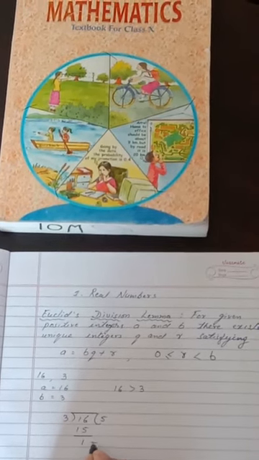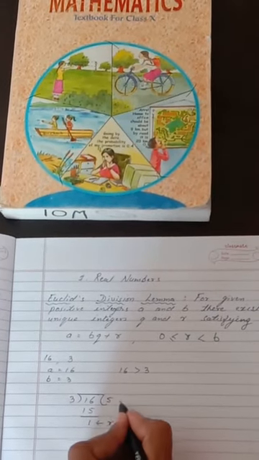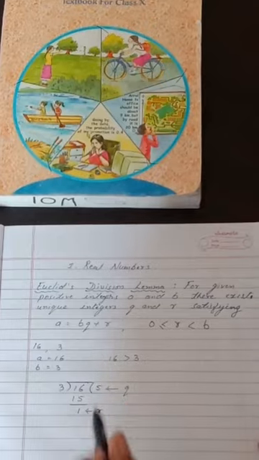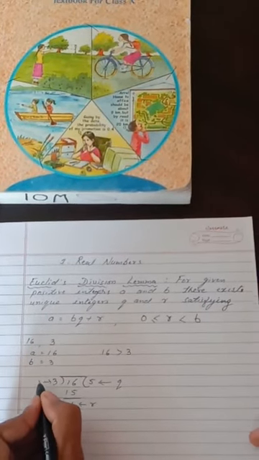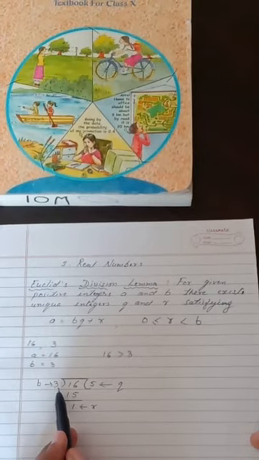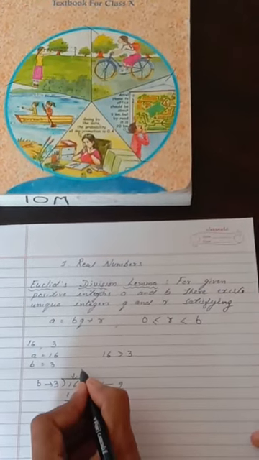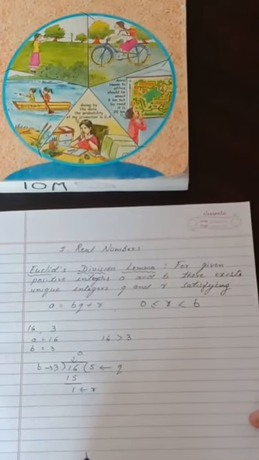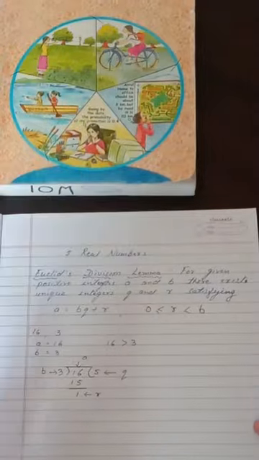So 1 is the remainder and it is represented by r. 5 is called the quotient and it is represented by q. Now this 3 is b and it is called the divisor. This 16 is a and it is called the dividend. So: divisor, dividend, quotient and remainder.